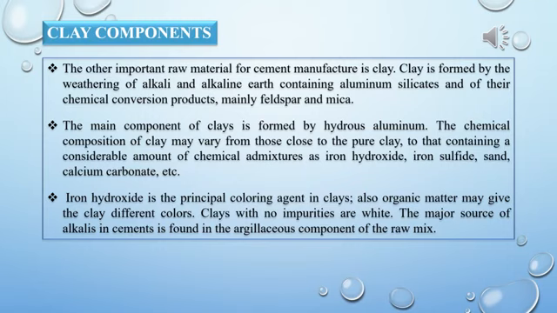With sand there is calcium carbonate, etc. And the last point is iron hydroxide is the principal coloring agent in the clay. Also, organic matter may give the clay different colors. Clay with no impurities is white. The major source of alkali in cement is found in the argillaceous components of the raw mixture.